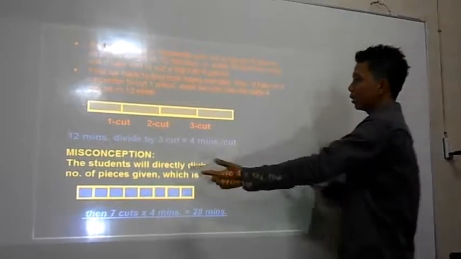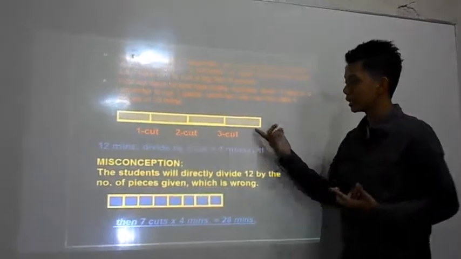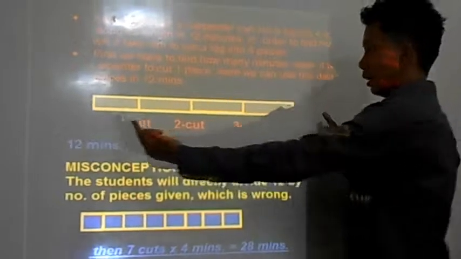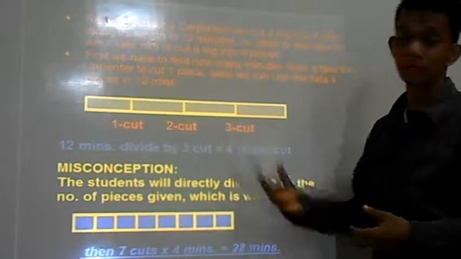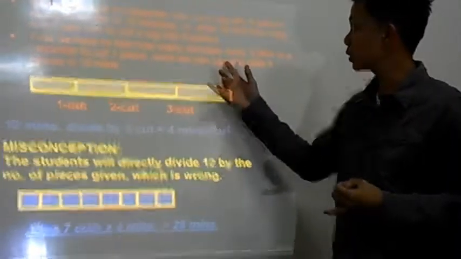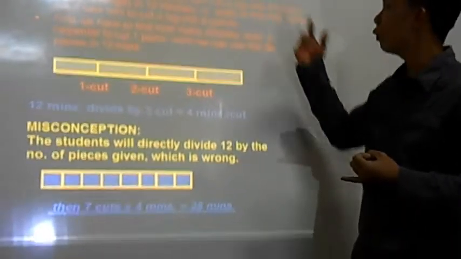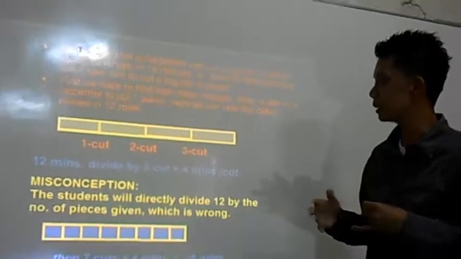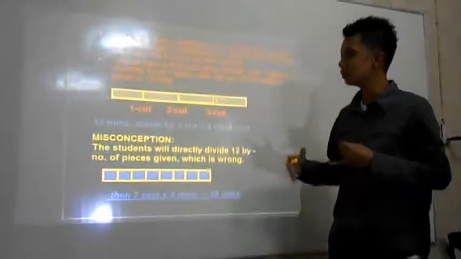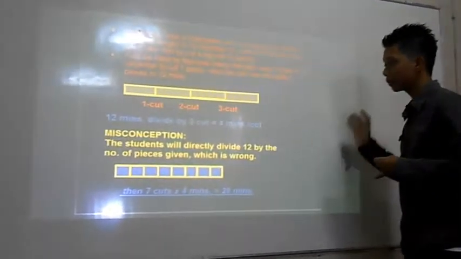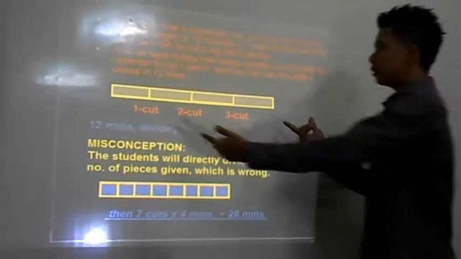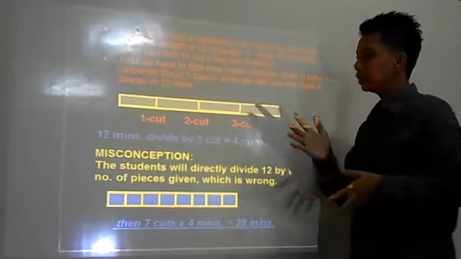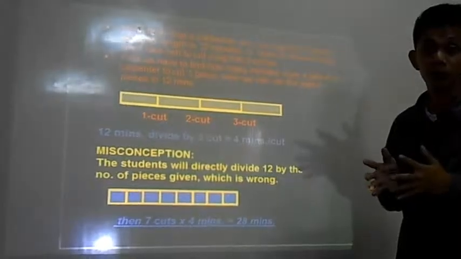So first, I have here an illustration. Consider this yellow bar, a long bar, as a log. First, we have to cut 4 pieces. In cutting a log into 4 pieces, the students may realize that it doesn't mean they have to cut it 4 times.